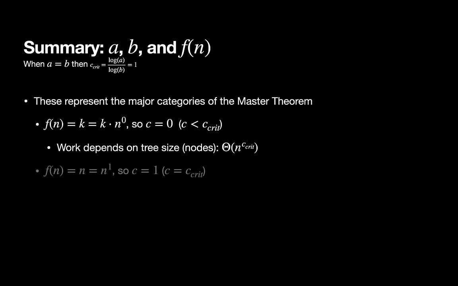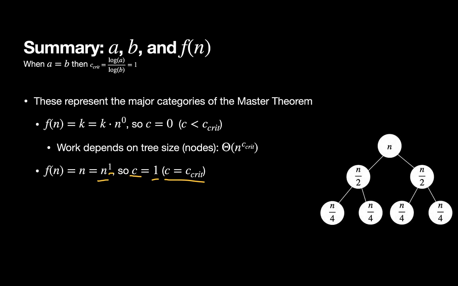Okay, let's look at our second case. So our next case was when f of n was equal to n, which we can just think of as n to the first. So our c there is 1. So this is the case where c is equal to the critical factor. So really what this means is that the total amount of work on each level of the tree for our specific example was essentially constant. Okay, so work depends on the tree levels and the work per node. So in this case, the Master Theorem tells us that our overall complexity is n to the critical factor.